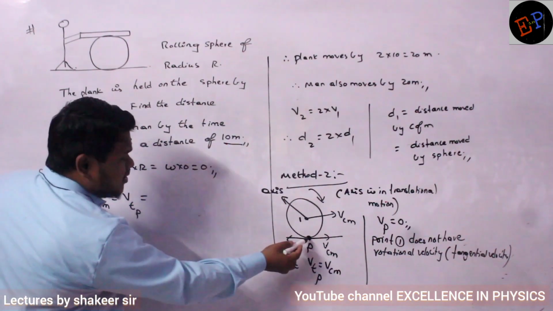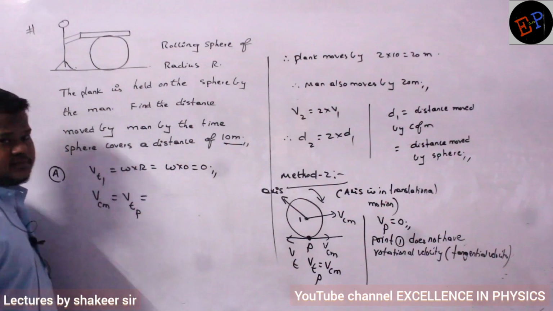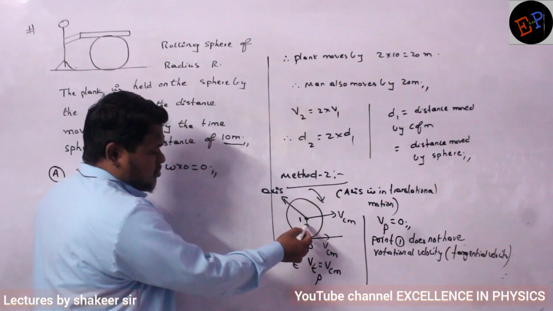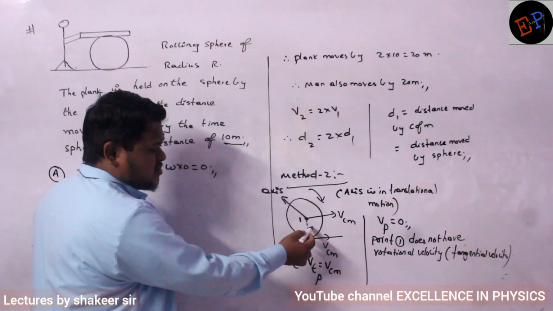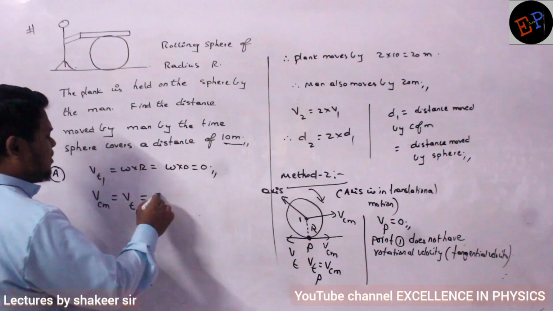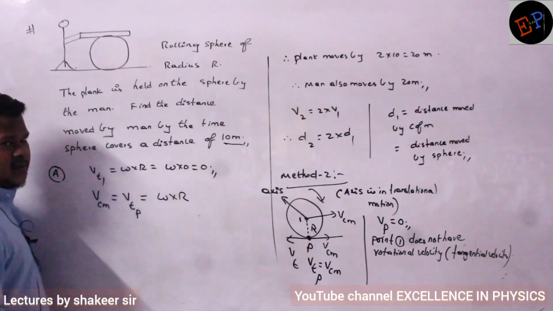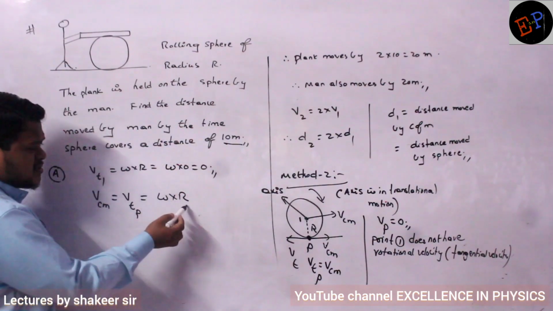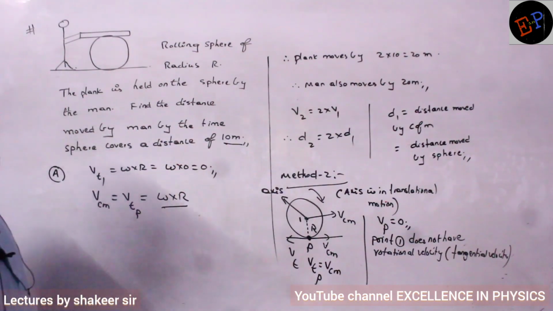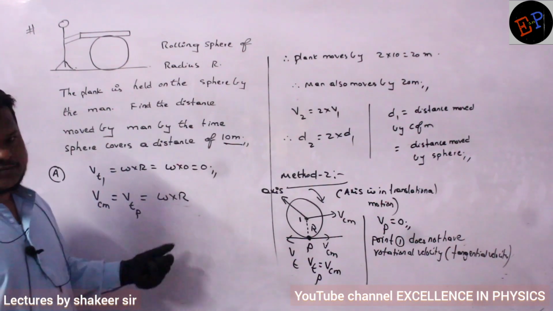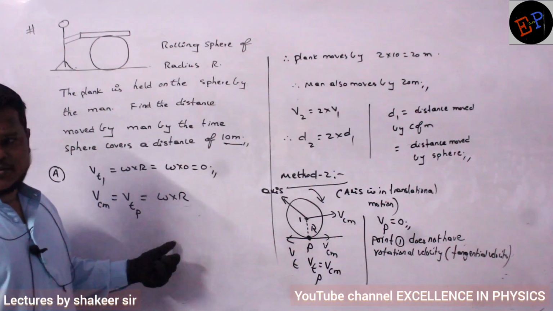This is the axis of rotation now. So this point is present at how much distance? At a distance of r. So the tangential speed formula is omega into r. Satisfied? So this point number 1 has how much velocity? Omega into r. This is the same answer I got by taking the instantaneous axis of rotation also.